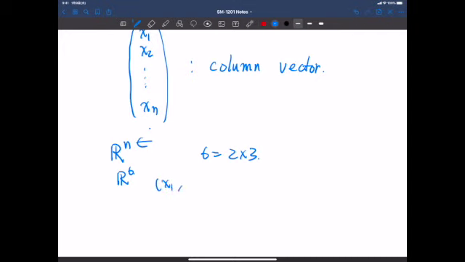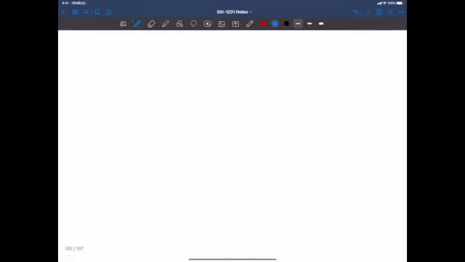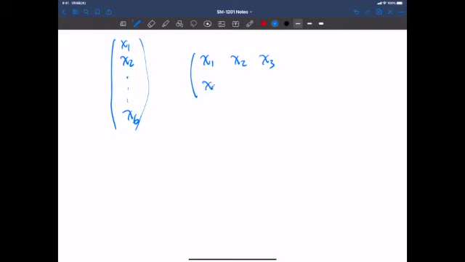So x1, x2, x3, x4, x5, x6. So this is a row vector. And of course we can write x1, x2, and so on up to x6 as a column vector. And we can also write these numbers in 2 rows and 3 columns: x1, x2, x3, x4, x5, x6.